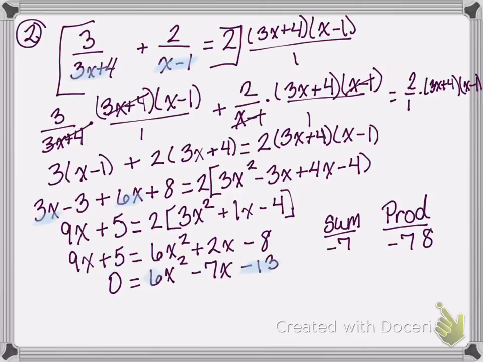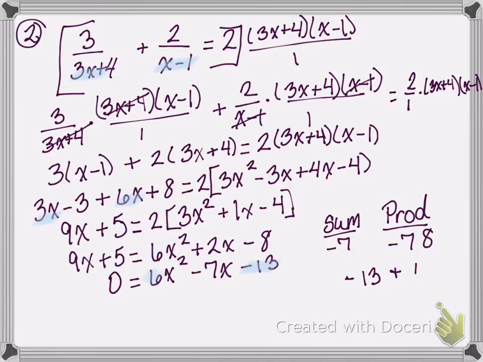So now I need two numbers that I multiply together to give me negative 78, and I add them together and they give me negative 7. And when I do that, the two numbers that I get are negative 13 and positive 6. Those are my two numbers.